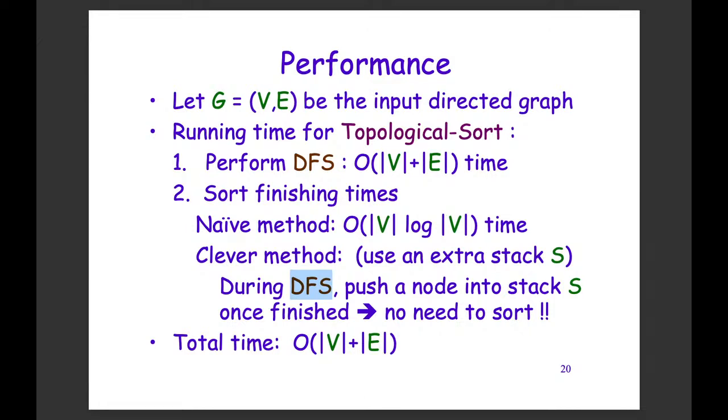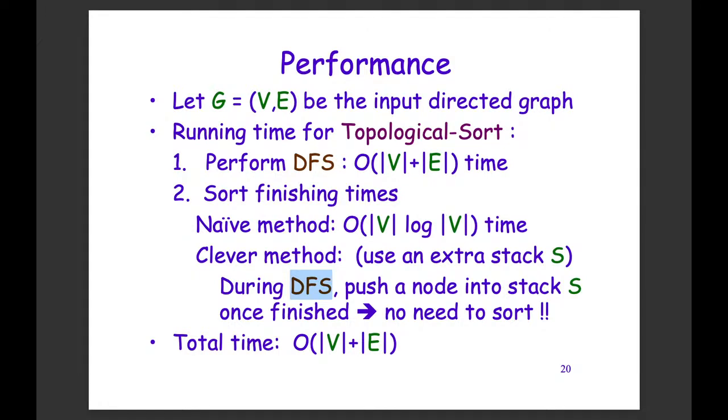In that case, the stack will be full of the nodes, and the first one in the stack will be the one that has the earliest finishing time, and then the second earliest finishing time, and so on and so forth. That means that the things that we push into the stack will be pushed according to the finishing time in increasing order. So once we have processed the whole algorithm, all the nodes will be on the stack, and then we can output the nodes on the stack one by one.